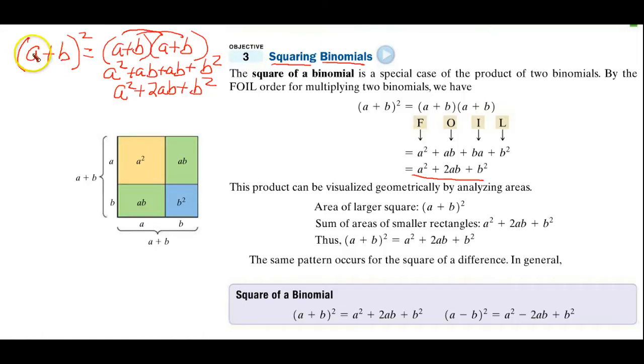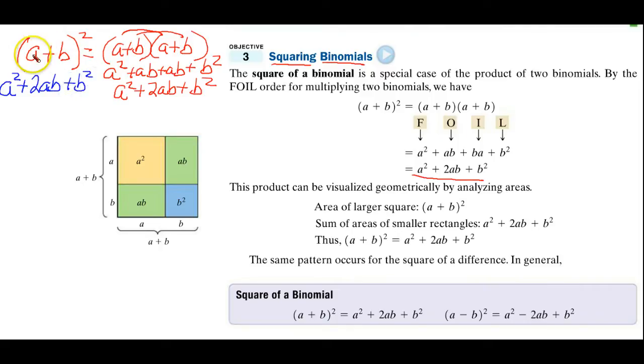We take the first term and square it. We multiply these two terms together and get AB. But then double it, because remember, the outers and the inners, we just double it. And then we square the last term.